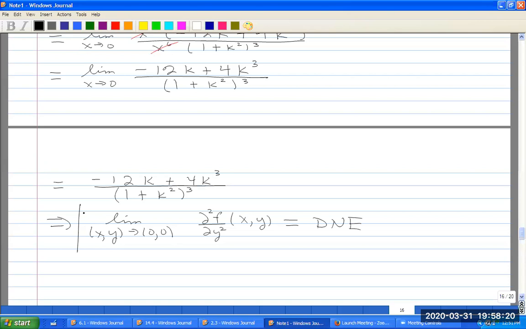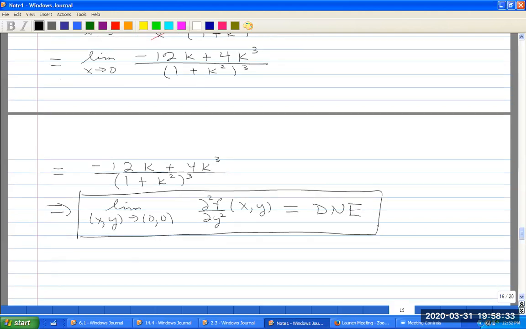So therefore, none of these mixed partials can be continuous. They don't even exist at the origin.